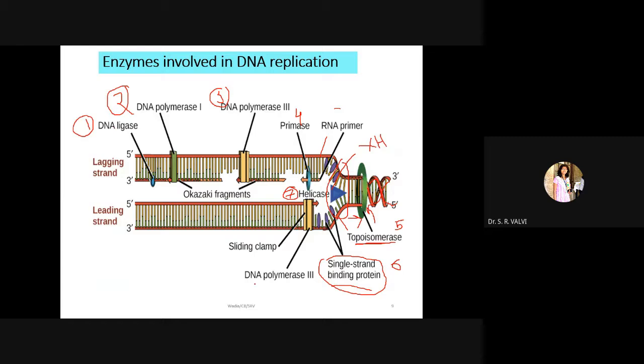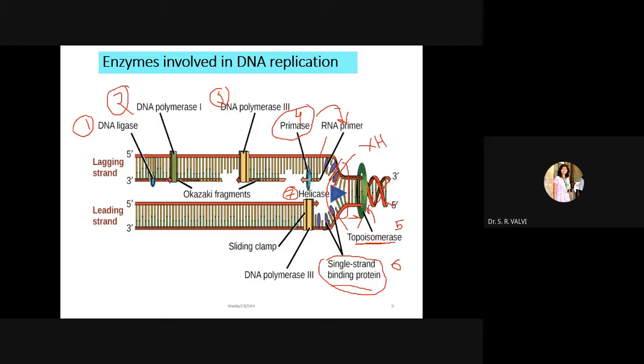Next, see, primase. The next enzyme is primase. Primase synthesizes the RNA primer. See here, it synthesizes this RNA primer, and these RNA primers are complementary to the DNA strands, right? So the primase enzyme adds the RNA primers.